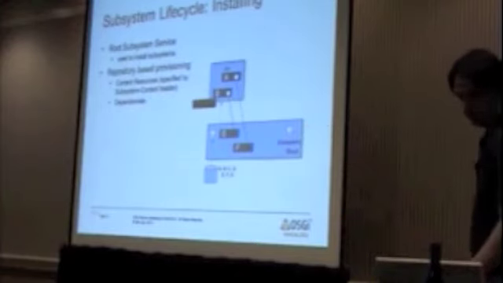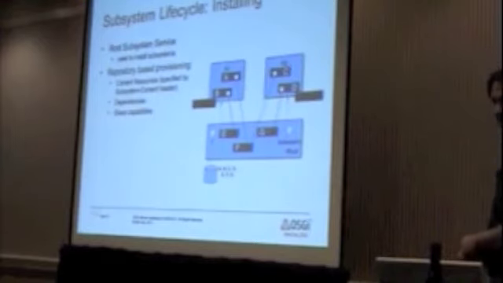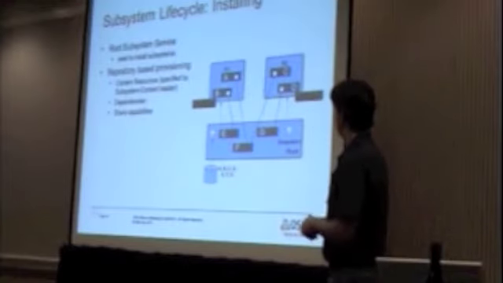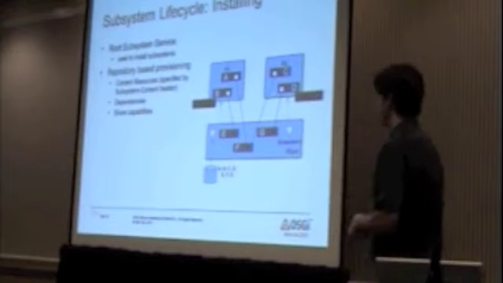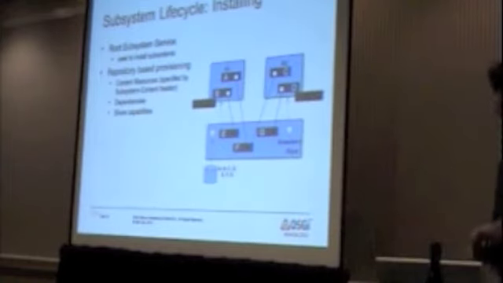And then that makes it into the resolved state. If I install a second subsystem, they can share capabilities. So if C here needs the same capability that A did, they can share that capability provided by that common resource F.